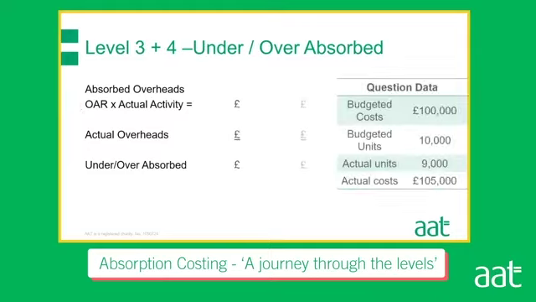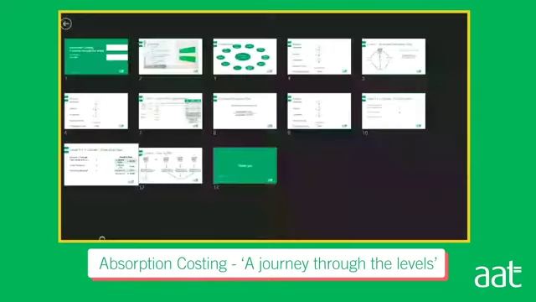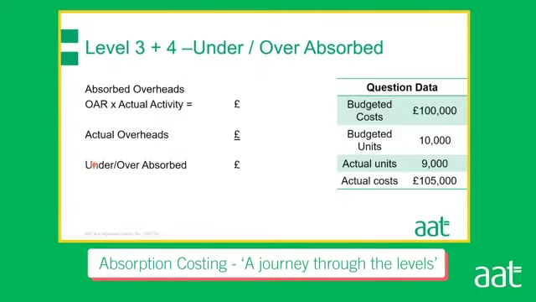Let's start filling in some numbers. So there's my question data. I've got my budgeted costs from doing my allocation and apportionment and reapportionment and everything else. I've decided simply to use units to work out my overhead absorption rate. So my overhead absorption rate then is going to be £100,000 divided by 10,000 units.